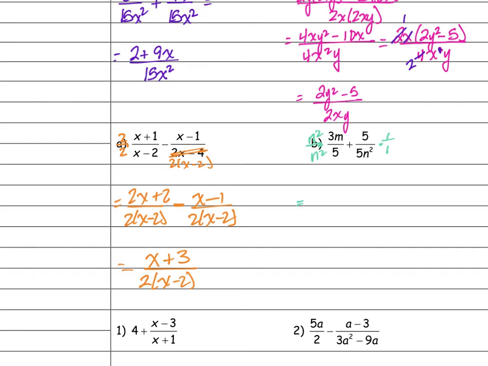So that's going to equal 3mn squared all over 5n squared plus 5 over 5n squared. So once I add them together, I get 3mn squared plus 5 all over 5n squared. Done. Okay?